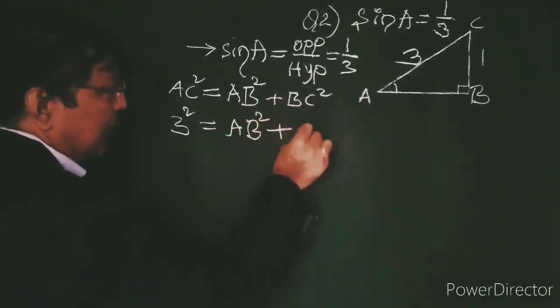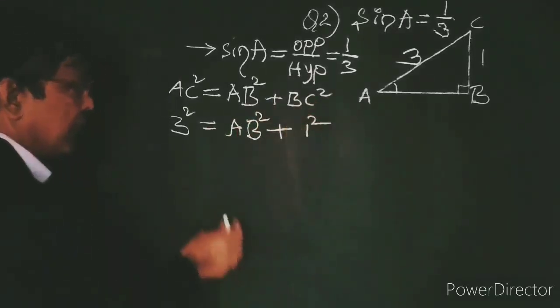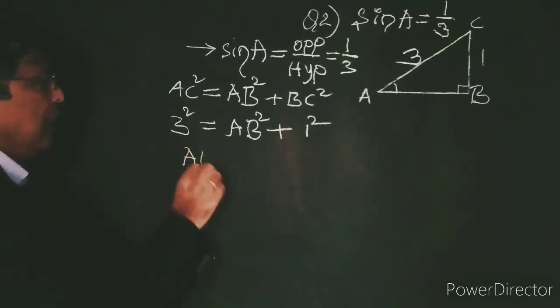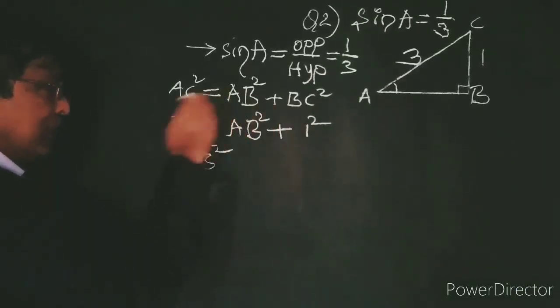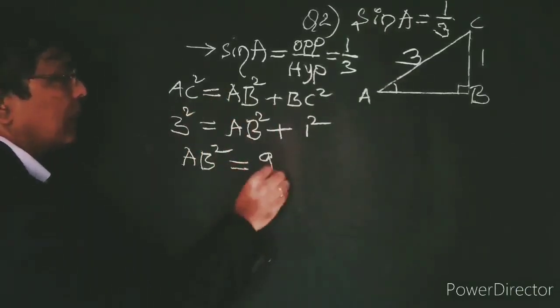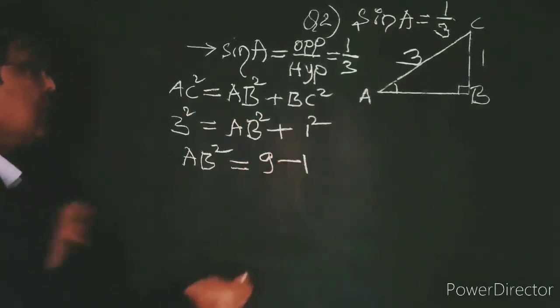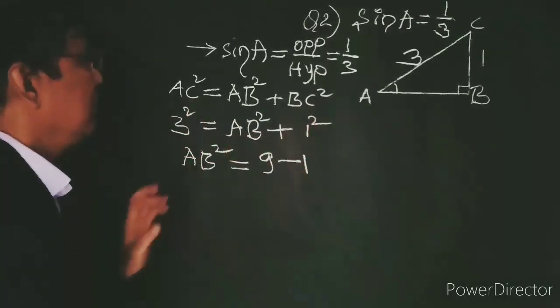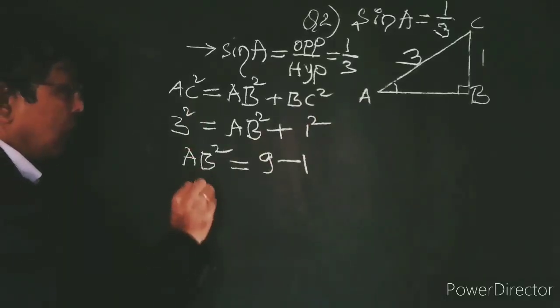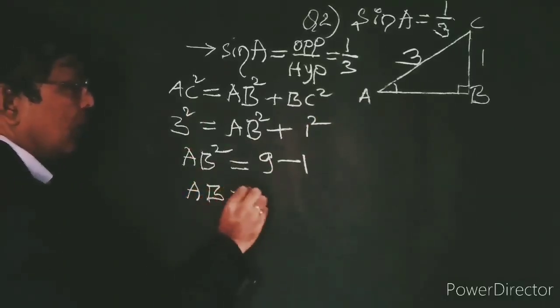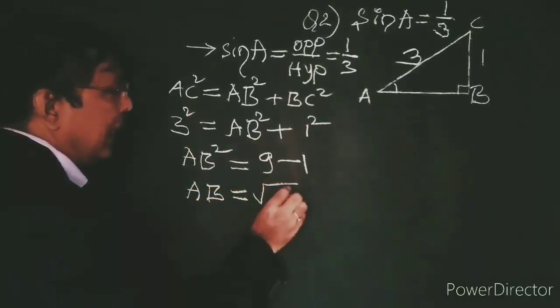BC square is nothing but 1 square. Now AB square equal to, I shift 1 this side, that will become 9 minus 1. 3 square is 9, 1 square is 1. Now AB equal to square root of 8.